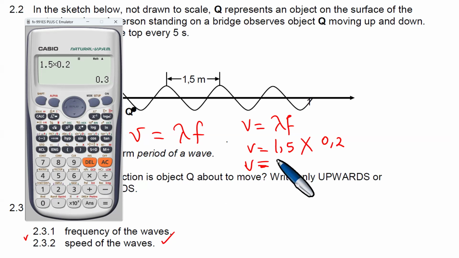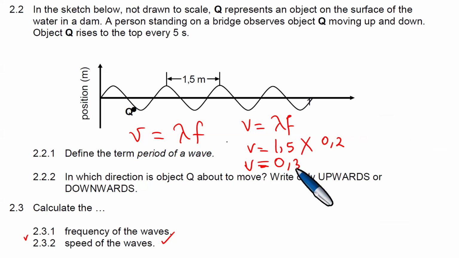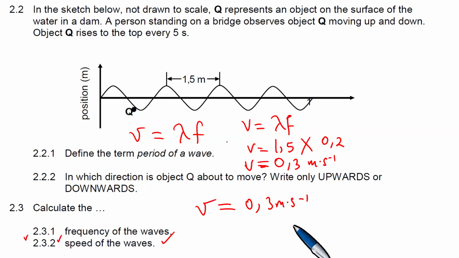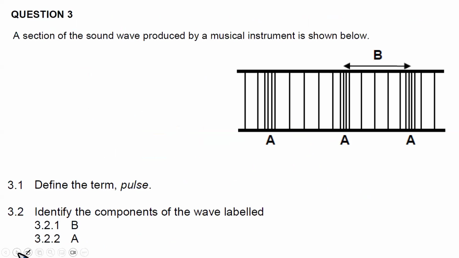So we have 0,3 meters per second, and this is the speed of the waves. Remember, it is speed and therefore it is without direction, so we only give the magnitude or the size. Okay, so we continue to the next question.